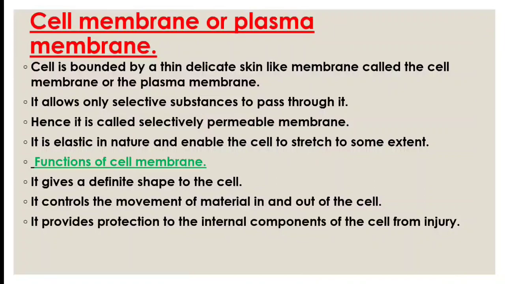And the last function, it provides protection to the internal components of the cell from injury. Just like our skin protects our internal organs of the body, similarly this cell membrane is the outer skin of the cell which protects the inner components of the cell.